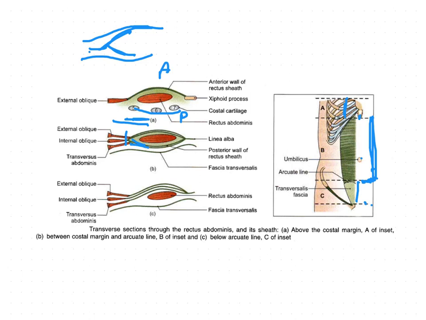Now coming to region 3, that is below the arcuate line. In this region, the anterior wall of the rectus sheath is formed by the fusion of the aponeurosis of the external oblique, internal oblique, as well as transverse muscles.